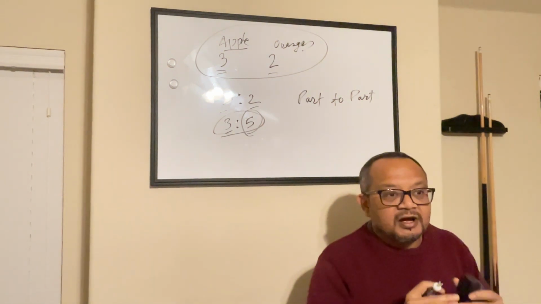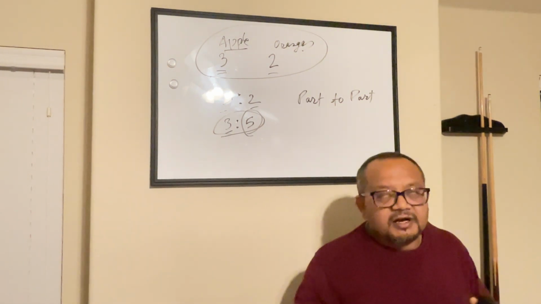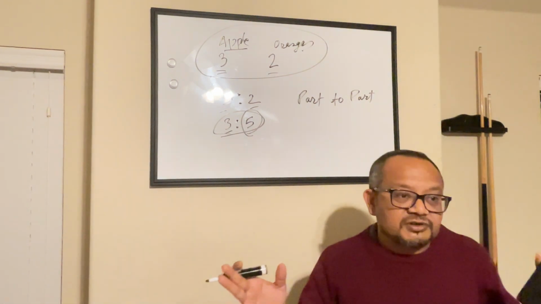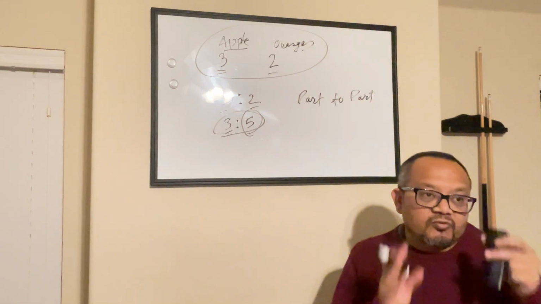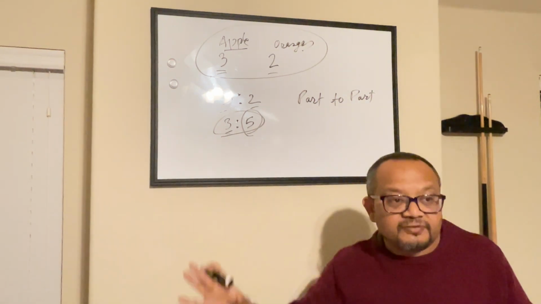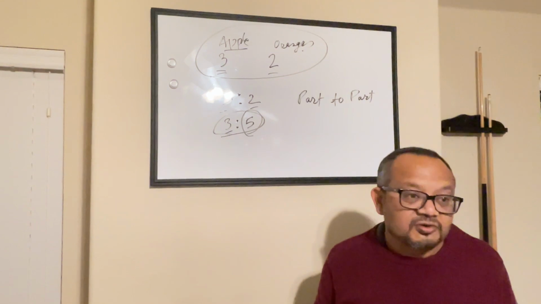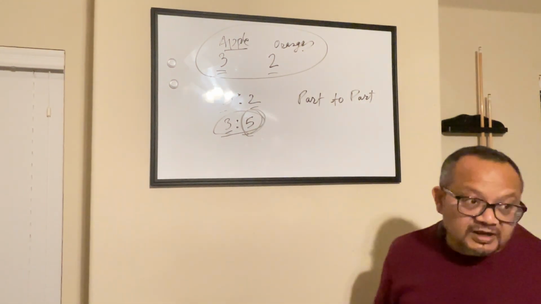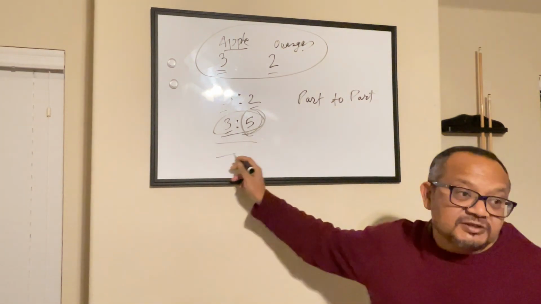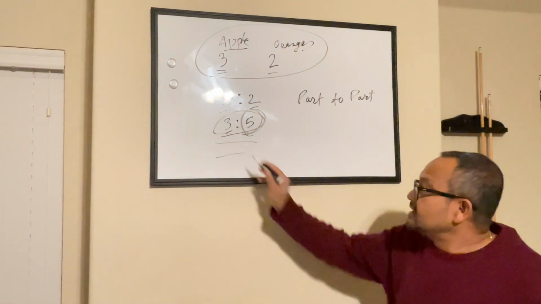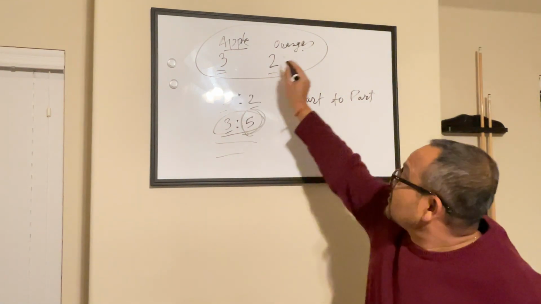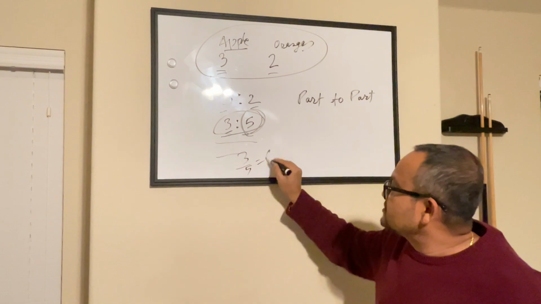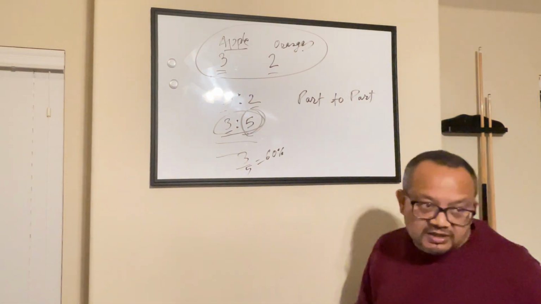One child's age against another child's age is a ratio which is part to part. One child's age against the summation of age of all the family members is a part to whole. So basically whole is the total thing against which you are comparing. This is where you end up calculating the percentage. 3 apples out of 5 is 3 by 5, which is equal to 60%. How we calculate that you must be knowing.